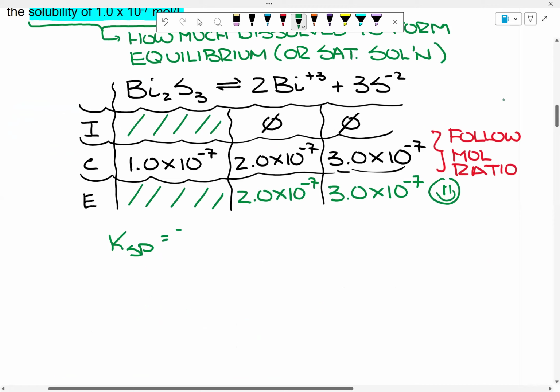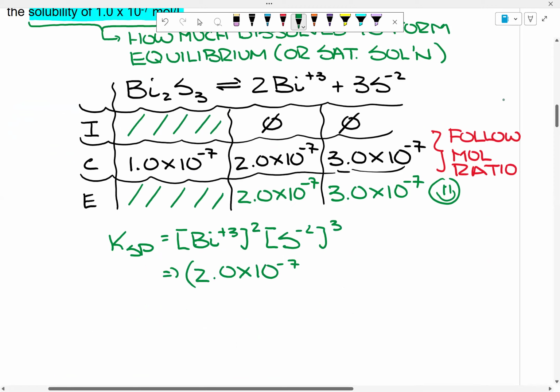So KSP is equal to the concentration of bismuth 3+ squared times sulfide 2- to the power of 3. So this would be 2.0 times 10 to negative 7 all squared times 3.0 times 10 to negative 7 all cubed. It looks like a very small number.